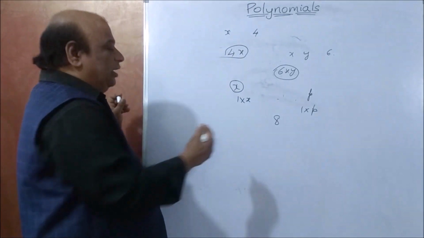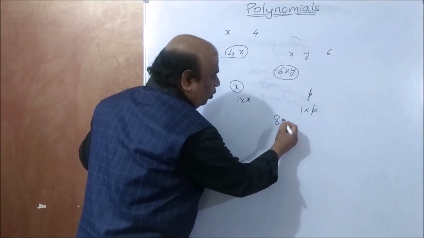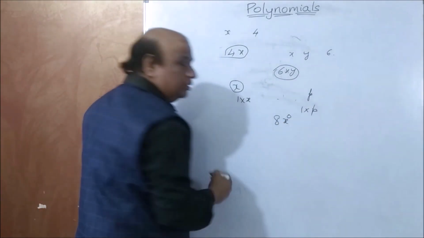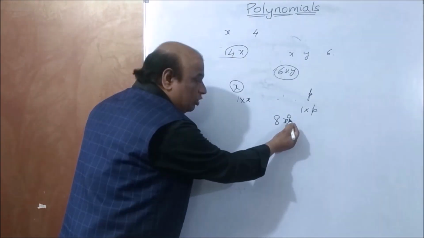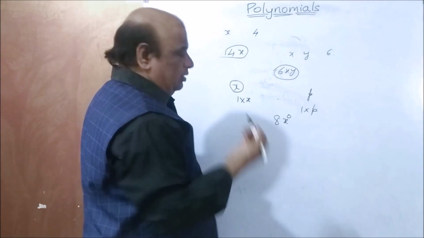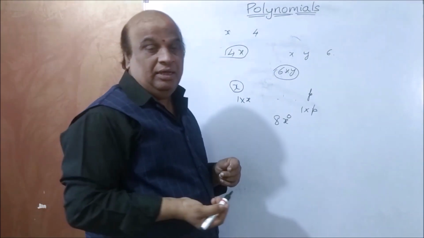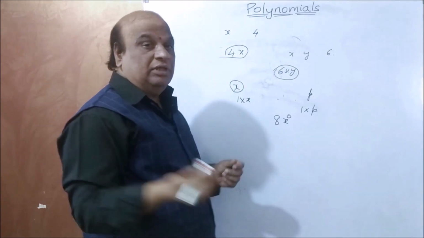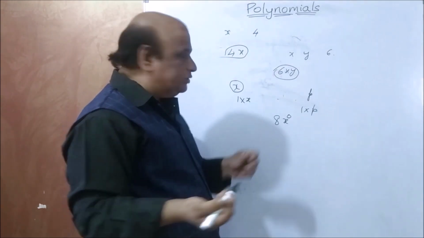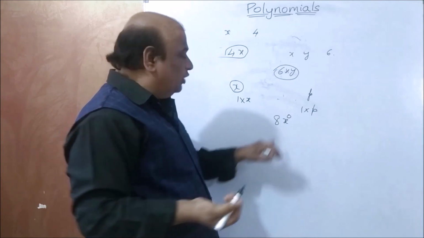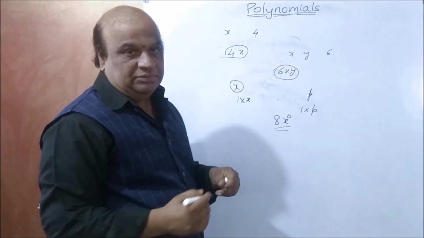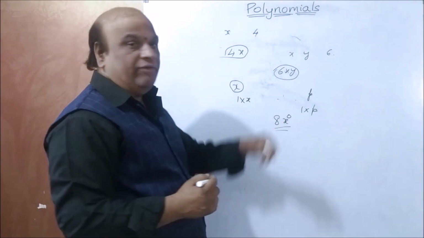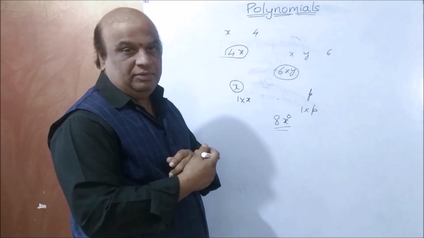How? x power 0. X power 0 means what is the value, as we studied in lower classes? If the power is 0, the value is 1. So x power 0 value is 1. So 8 into 1 is an algebraic term. 8 is also having a variable.